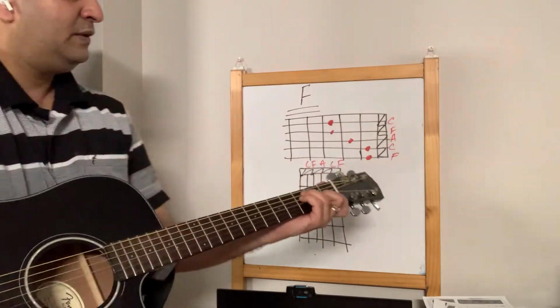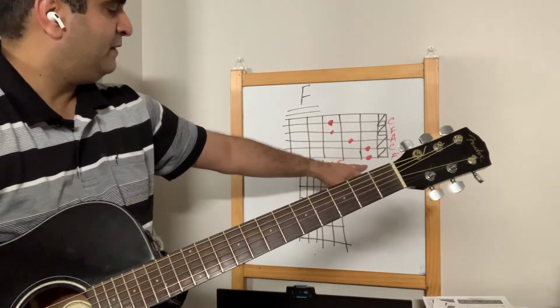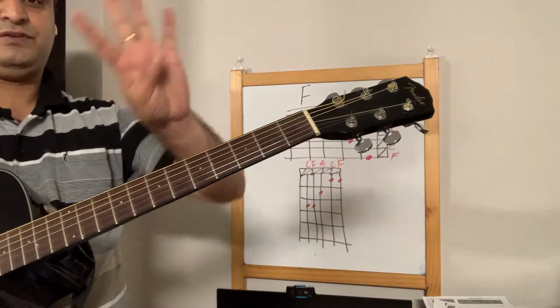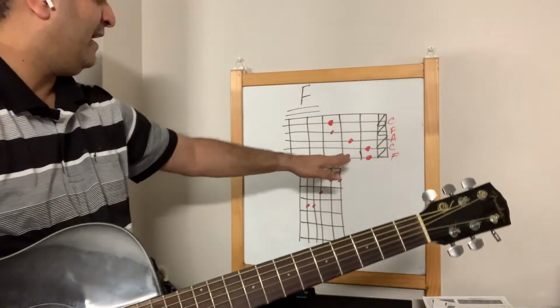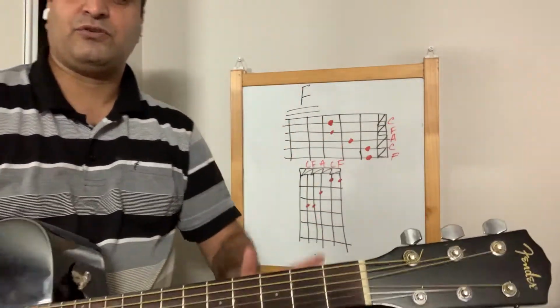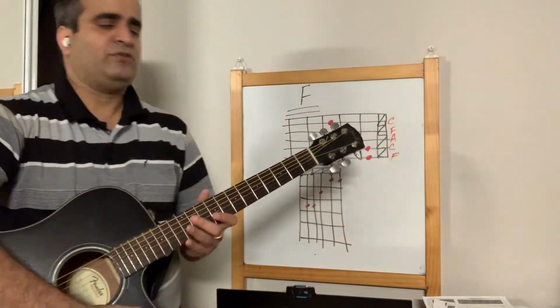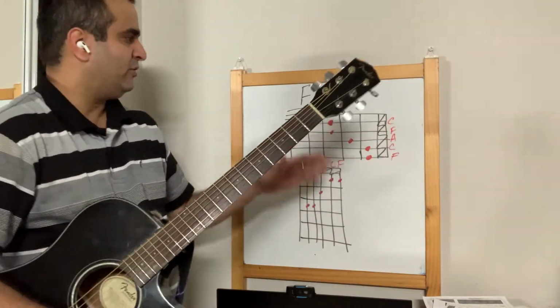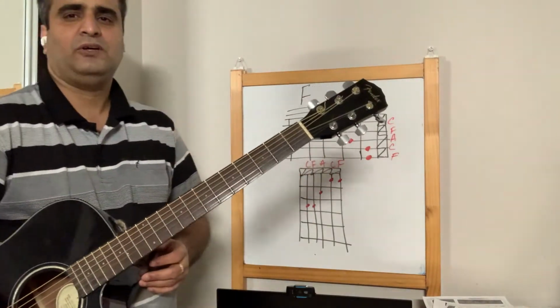Okay, so now if you see, I have 4 fingers which I can use, but I have 1 2 3 4 5 notes to cover, right? So I don't have enough fingers to complete all the notes.